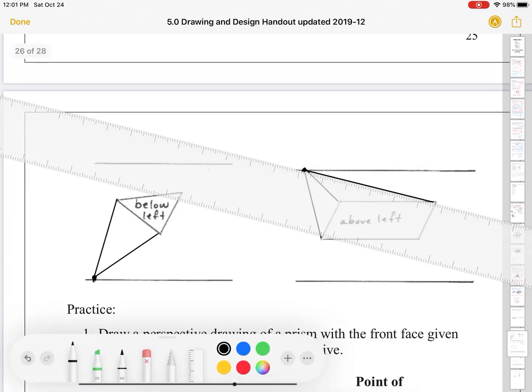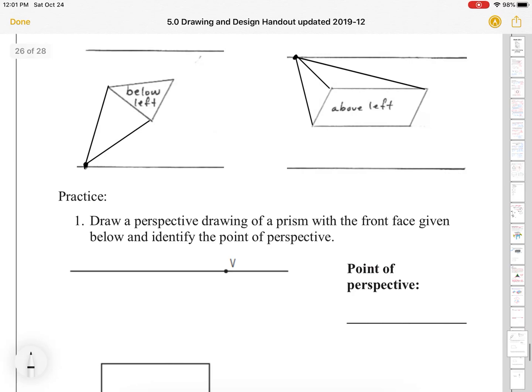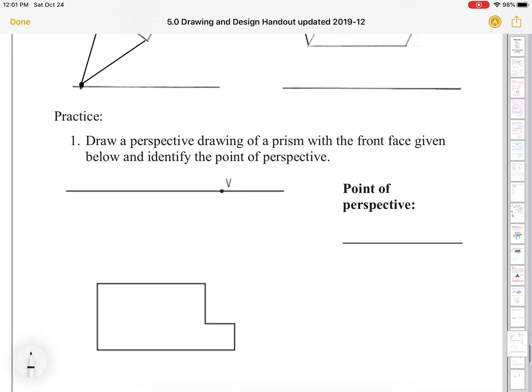Okay, so this is super fun, I think. I like drawing. You're going to use the dots given to indicate where the point of perspective is and to sketch your lines to that vanishing point. Sometimes it's to the top left, top right. Sometimes it's to the side left, side right.